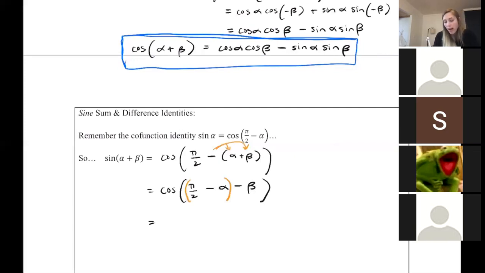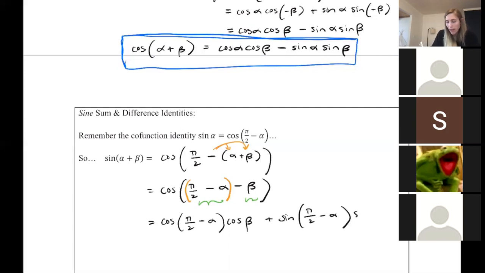Okay, so then now we can think of this as our first angle, this as our second angle, and apply the difference identity for cosine, which is cosine of the first angle times cosine of the second angle plus sine of the first angle times sine of the second angle.